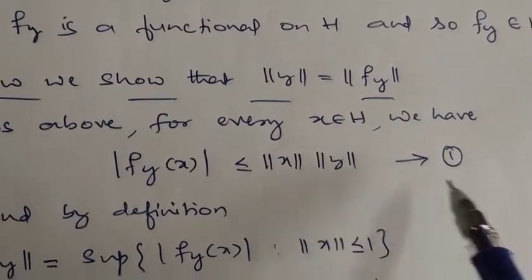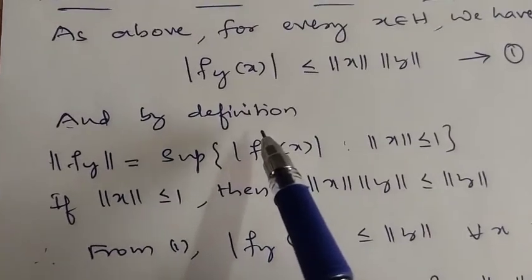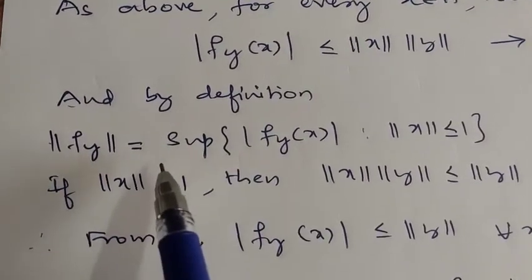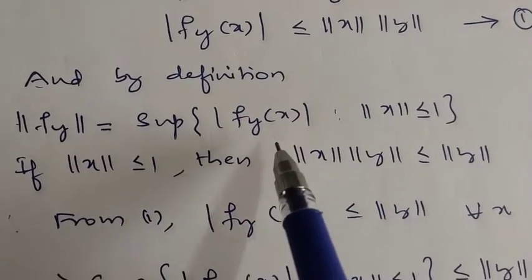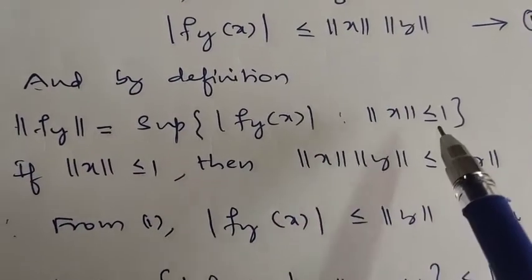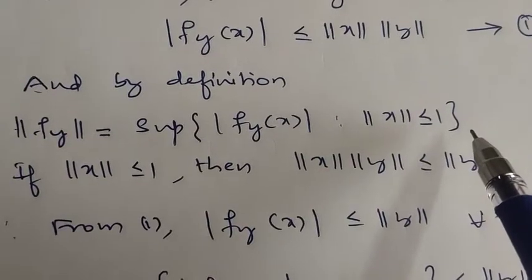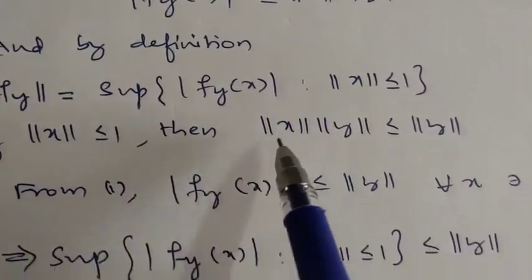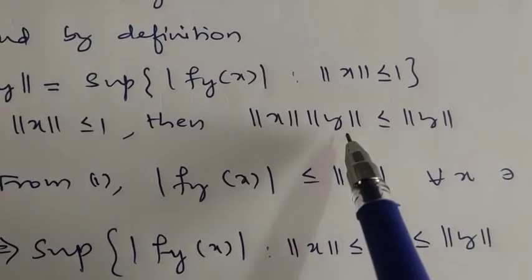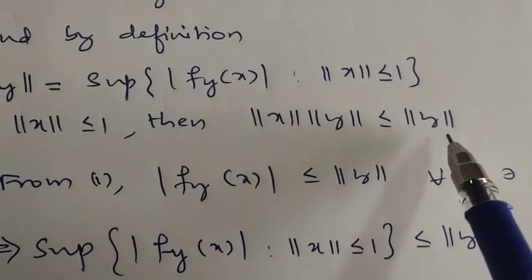Call this 1. By definition of a norm, norm of Fy is equal to the supremum of absolute value of Fy of x such that norm of x is less than or equal to 1. Now, if norm of x is less than or equal to 1, then certainly norm of x into norm of y is less than or equal to norm of y.